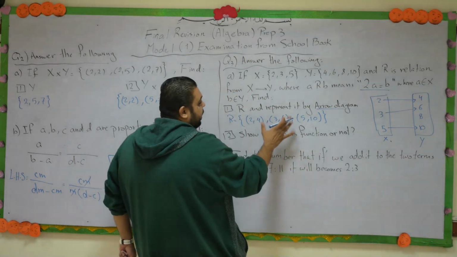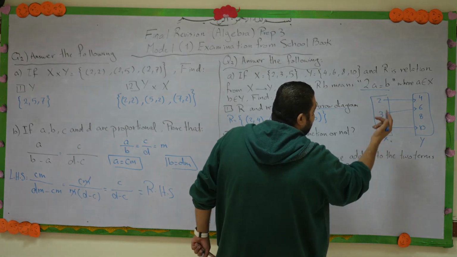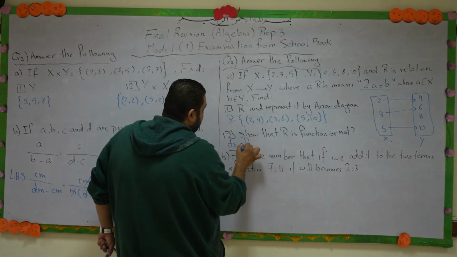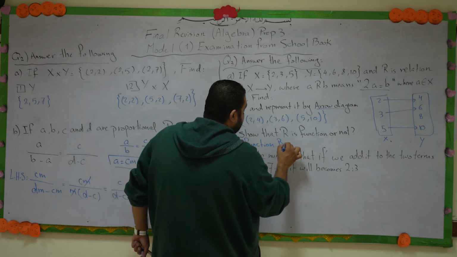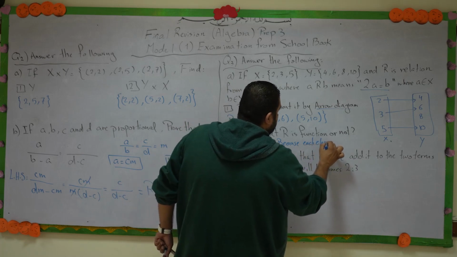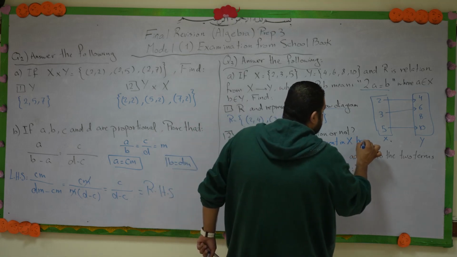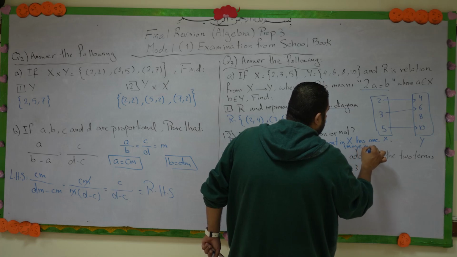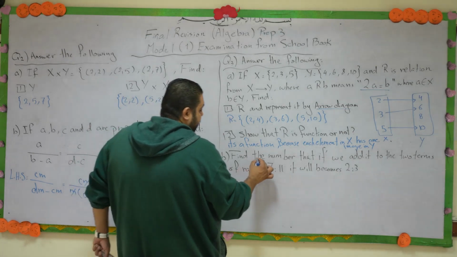So in this question, we can see that each element in X has only one image in Y. So it's a function, because each element in X has one image in Y.